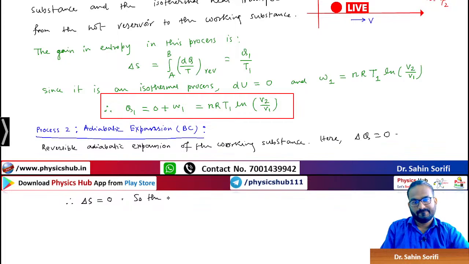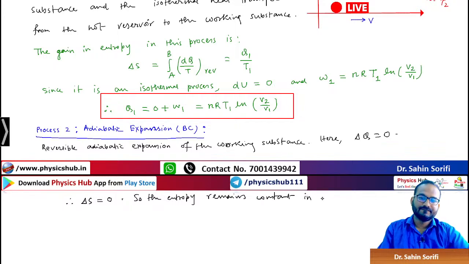So the entropy remains constant in this process of reversible adiabatic expansion.